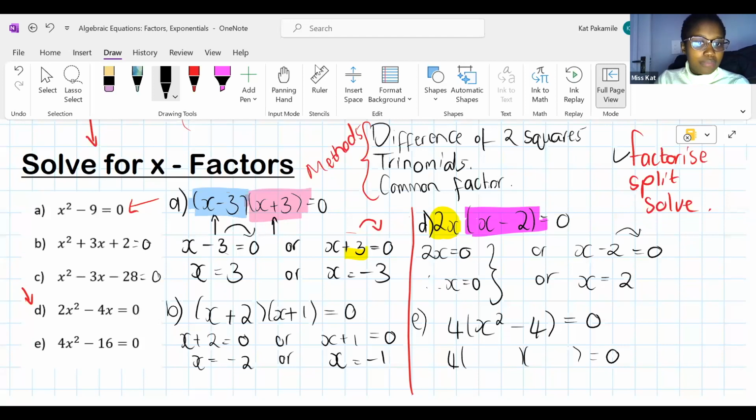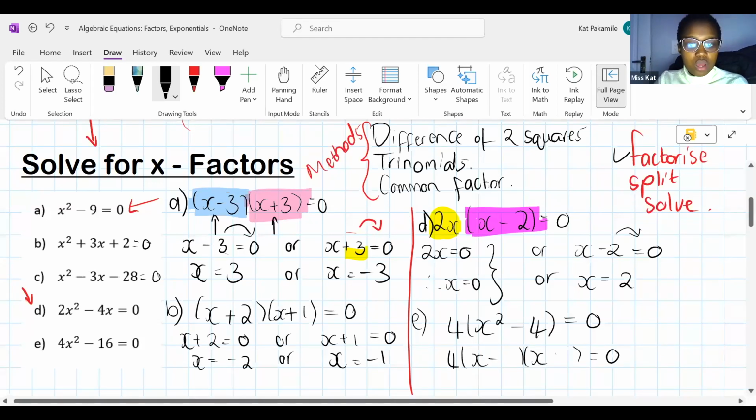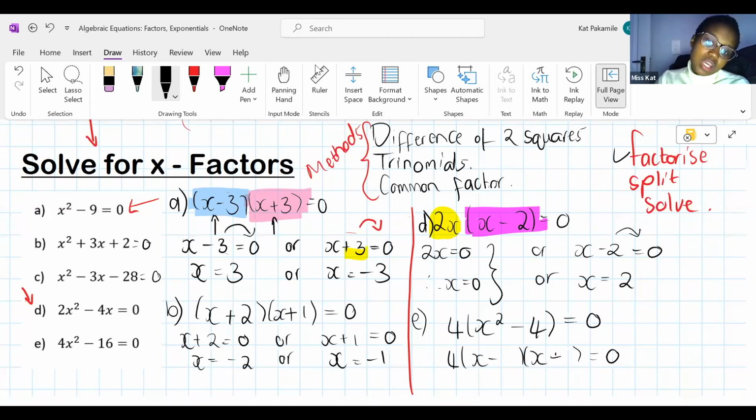Anyone? X minus 4. No, it's not x minus 4. Remember, you are factorizing x squared minus 4. So what are my 2 brackets? There we go, x plus 2 and x minus 2.